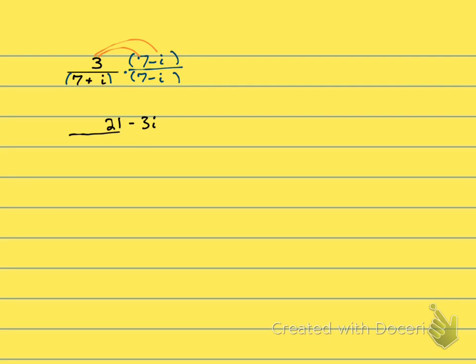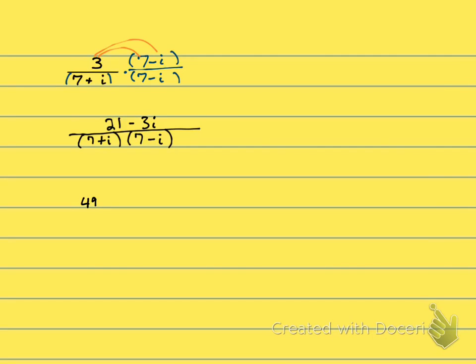But the denominator we are going to have to FOIL. This is multiplying two complex numbers, and we're going to FOIL. First two, 7 times 7 is 49.